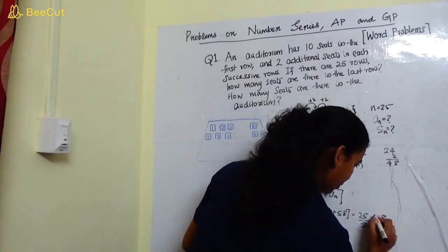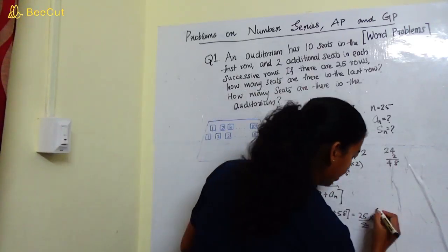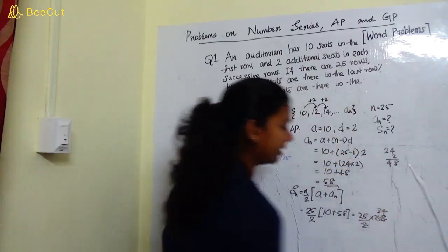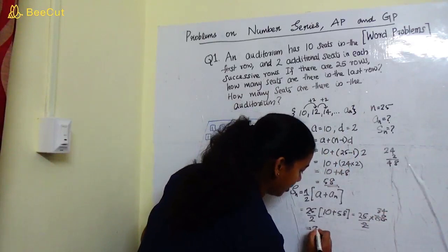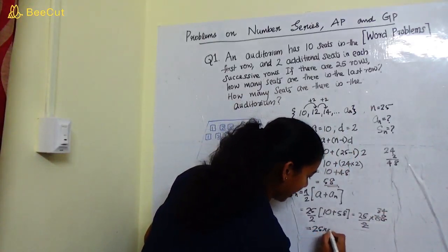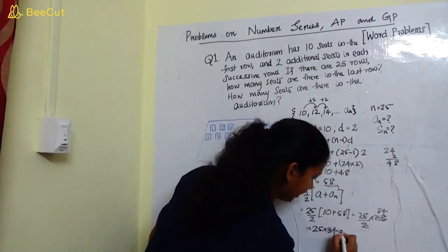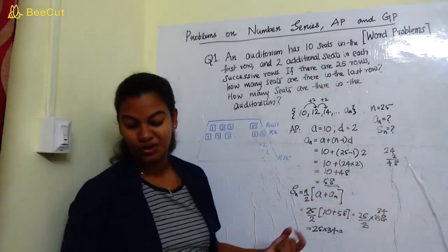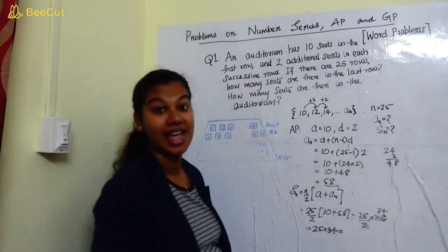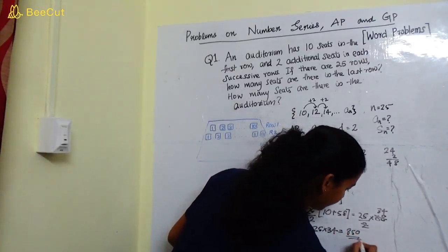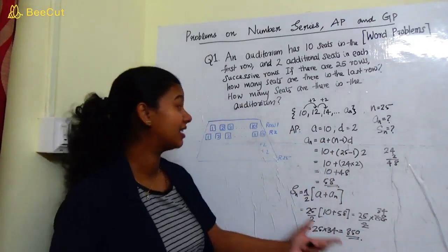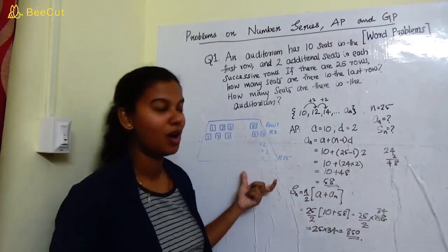Now when I divide 68 by 2, I'll get 34. Which is equal to 25 into 34. And 25 into 34 is 850. That is the total number of seats in the auditorium.